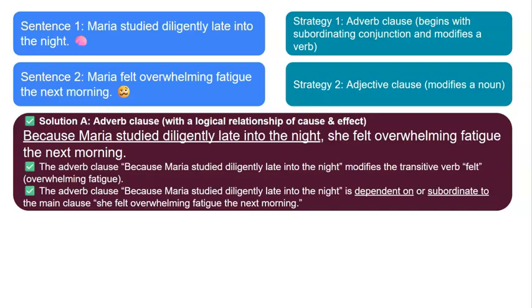Because Maria studied diligently late into the night, she felt overwhelming fatigue the next morning. The adverb clause, because Maria studied diligently into the night, modifies the transitive verb felt, whose object is overwhelming fatigue. And the adverb clause, because Maria studied diligently late into the night, is dependent on or subordinate to the main clause. She felt overwhelming fatigue the next morning.